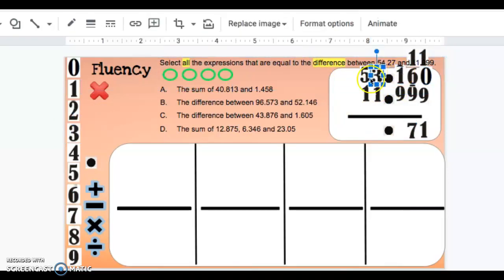And that 1 becomes an 11. So now I have 11 minus 9, which is 2. 3 minus 1, which is 2. 5 minus 1, which is 4.